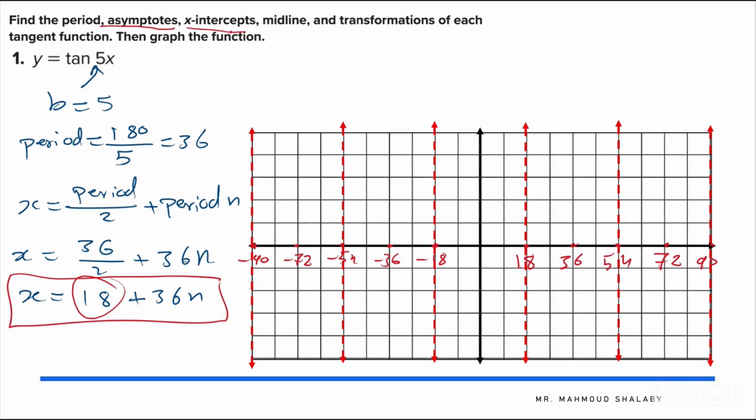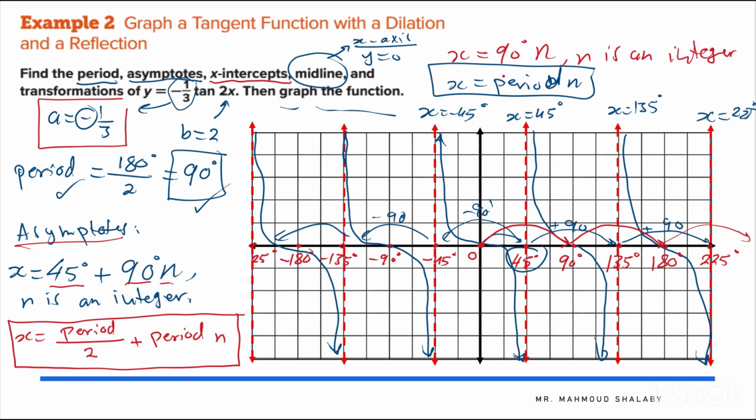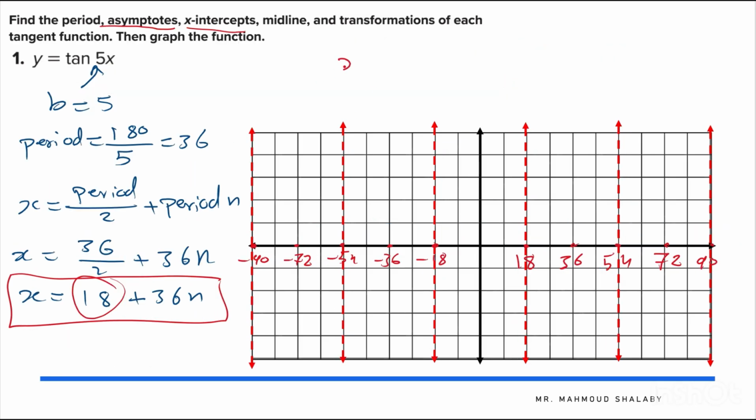How to find the x-intercepts? Remember, we have here the rule x equals period times n, and the period here is 36, so x equals 36n. This represents the intercepts. The midline: the graph is not moving up or down because there is no value of k here, h and k.